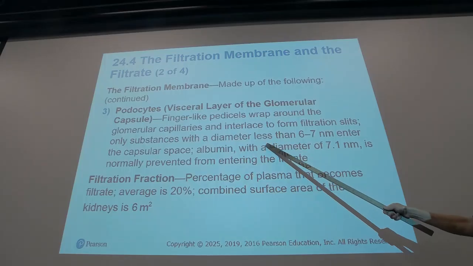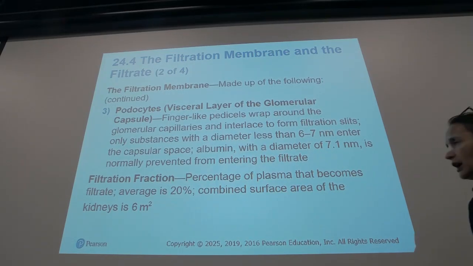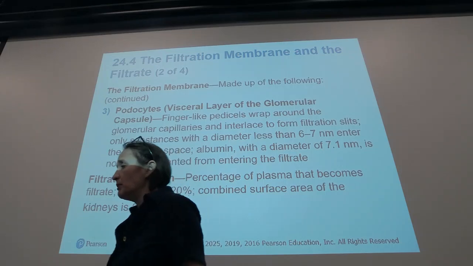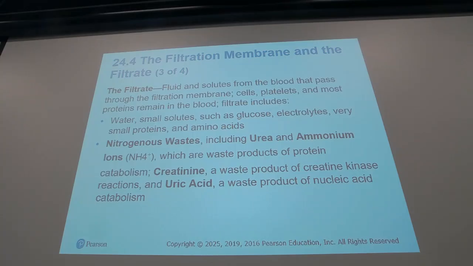We have around 6 square meters of combined surface area of these filtration membranes in the kidneys, and that leads us to a filtration fraction of 20%. So out of all the blood that we receive, we have a filtration fraction of 20%.